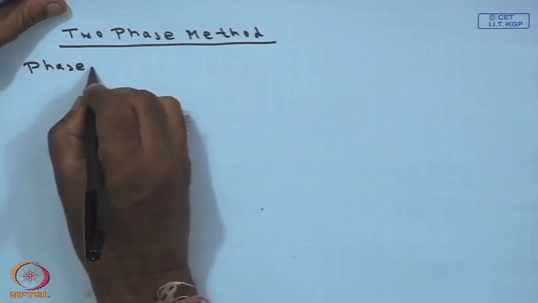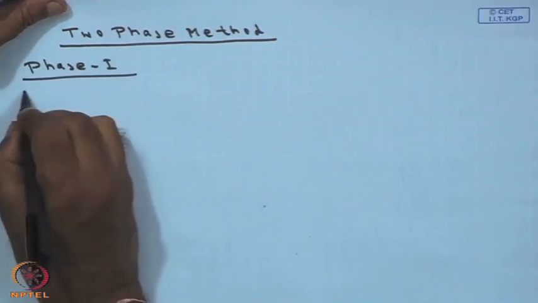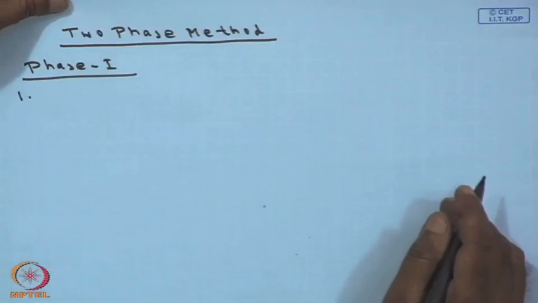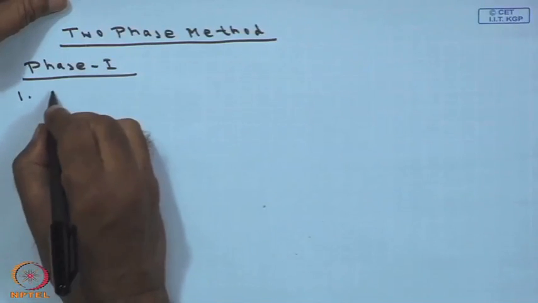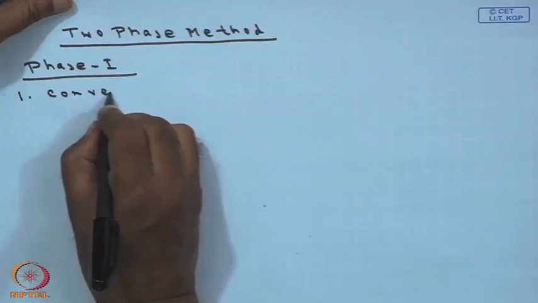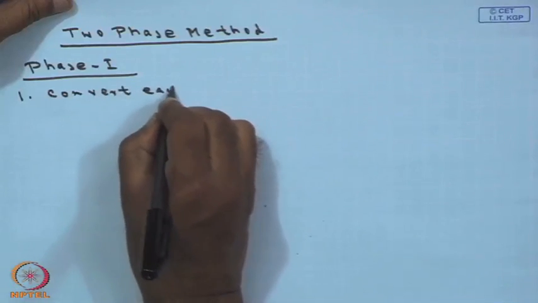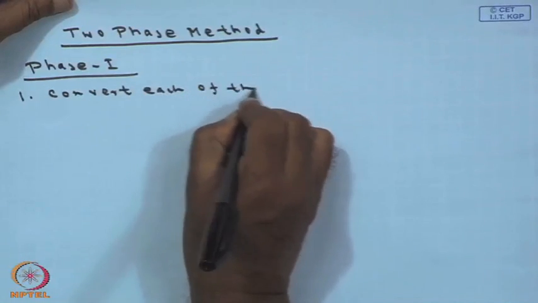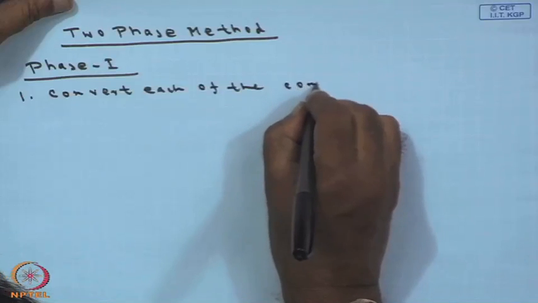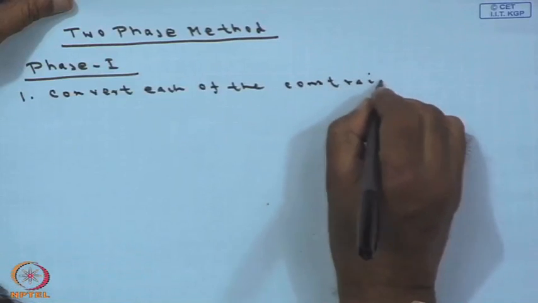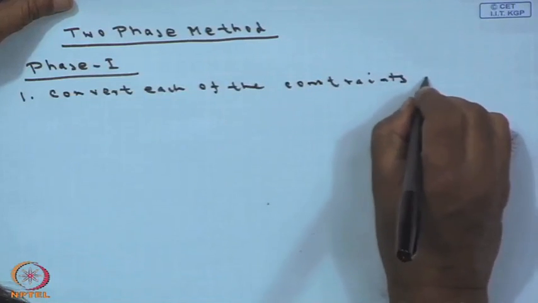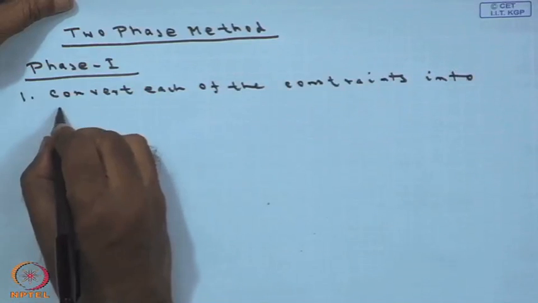Phase 1. I am just writing this, it will be better for you. Step 1: convert each of the constraints into equality constraints.